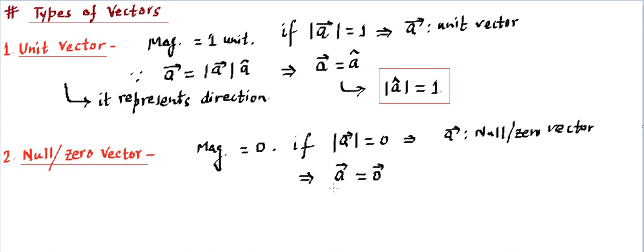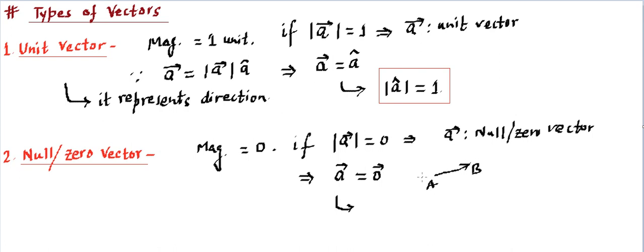Now you might be asked, what is the direction of a zero vector? We'll say the direction is indeterminate because it starts from the same point and ends at the same point. But to calculate the direction we need two different points. Only then can we say the direction runs from A to B. If A and B are at the same location, it will be very difficult for us to decide the direction.